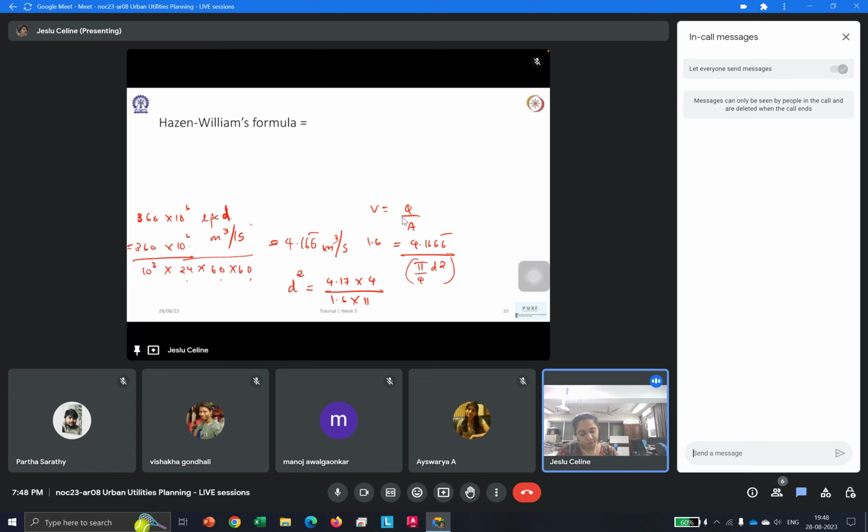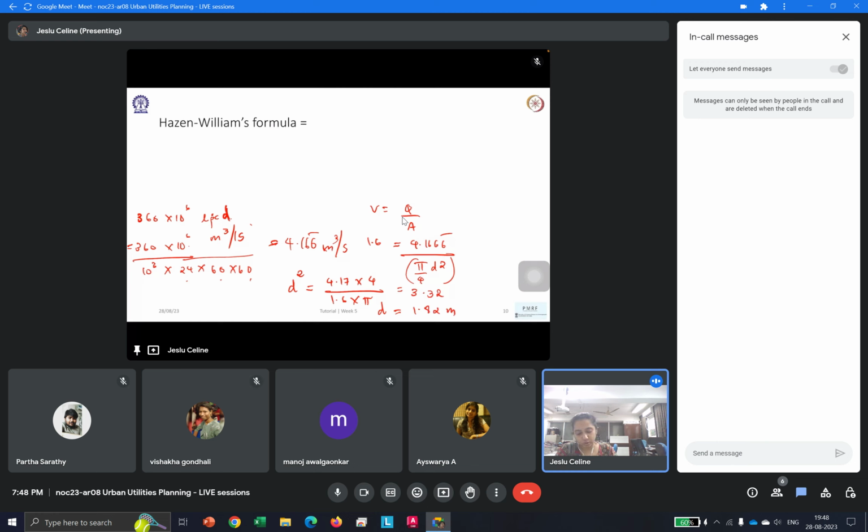Okay, d square is 3.31. Very good. So it goes 3.32. So what does d work out to? 1.82 meters. Correct, 1.82 meters.